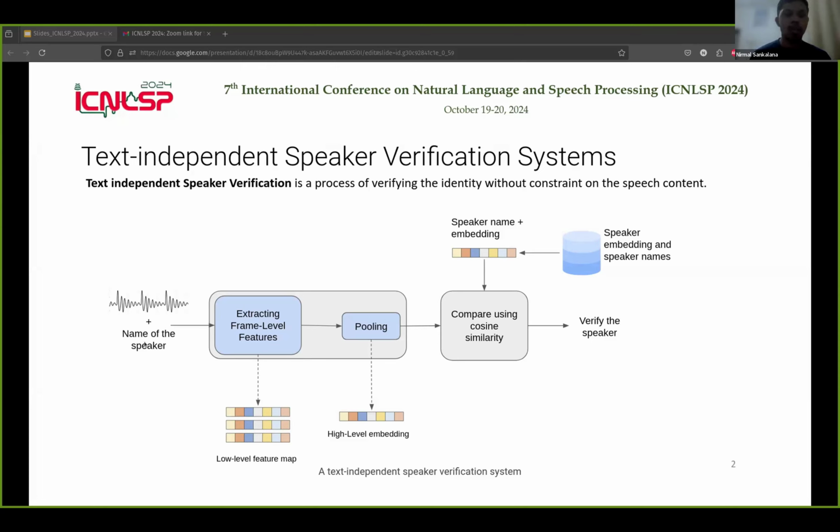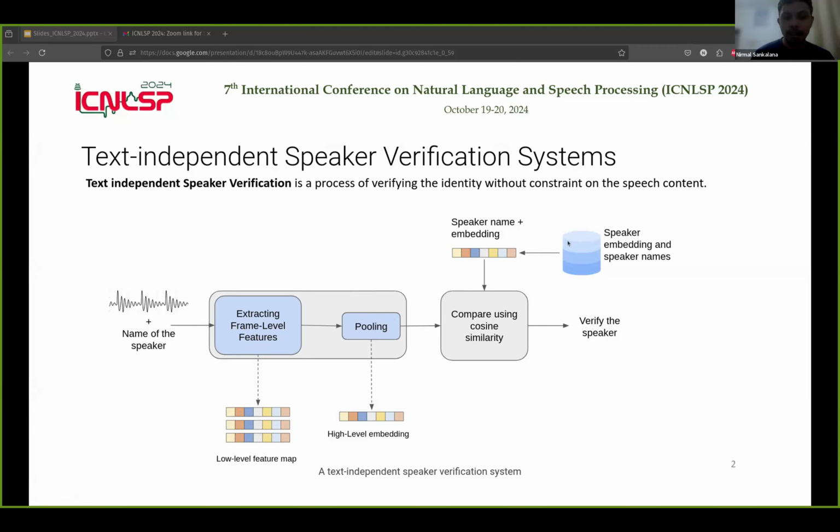Here's how most text-independent speaker verification systems work. First, we input the speech signal and its speaker's identifier to the system, and the system extracts the frame level features, which are low level feature maps. These feature maps then go through a pooling layer to create a high level speaker embedding by aggregating multiple frame level feature maps.